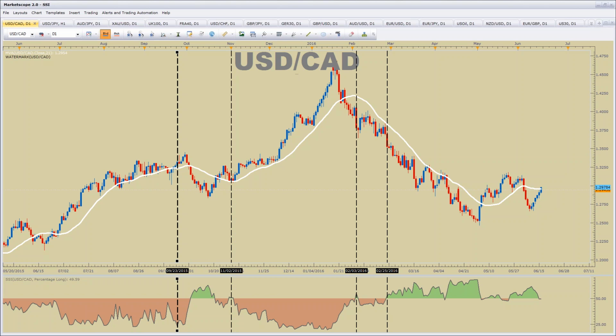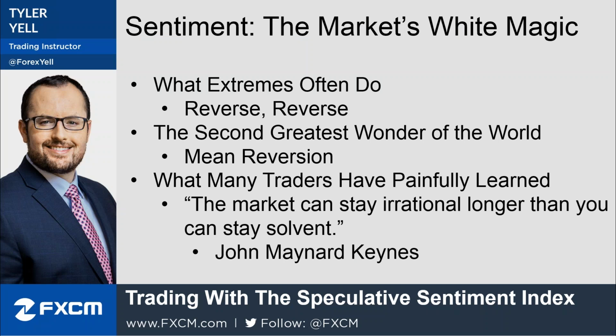When you look at it from that standpoint, what's interesting is when buyers become sellers and sellers become buyers on a larger size. That's why I kind of call it the white magic here.